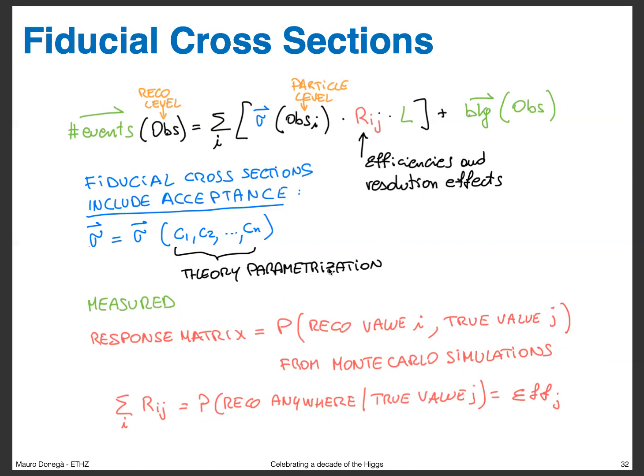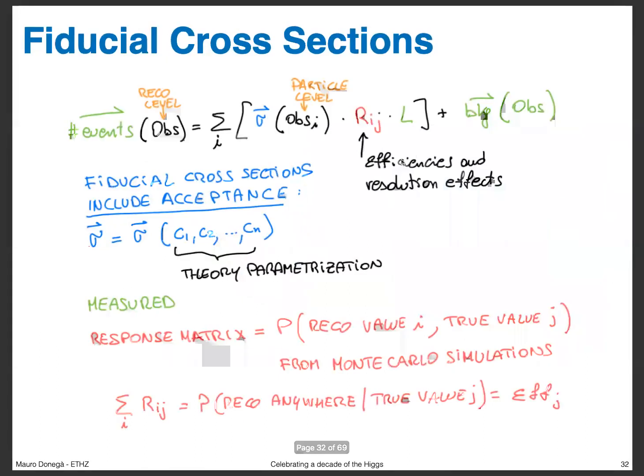Now, the formula is essentially the same as before. The important point is the fiducial cross-sections include the acceptance, and as before, these fiducial cross-sections you can now rewrite in terms of theory parameterizations. Take the example of the EFT we've seen before, and by fitting these fiducial cross-sections to data, you can put constraints on the theory parameters.